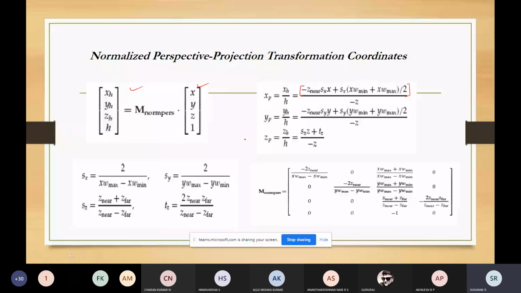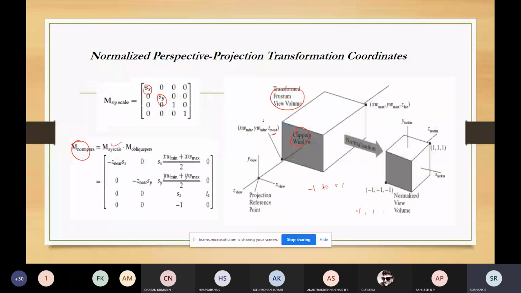To normalize this perspective projection, we replace xp, yp, zp with minus 1, minus 1, minus 1 when the input coordinates x, y, z are x window minimum, y window minimum, and z near. So x window minimum, y window minimum, z near is normalized to minus 1, minus 1, minus 1.